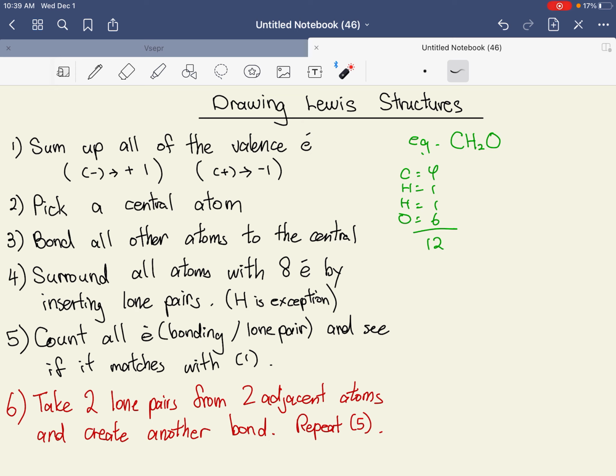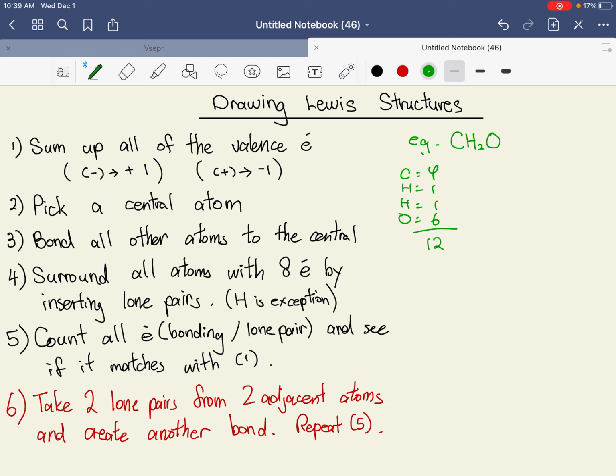There's another saying: the one that has the lower electronegativity is usually a better central atom. I guess the fact that they are less attractive to electrons, I don't know. But yeah. So I guess I'll pick carbon. Carbon is less electronegative. Okay?